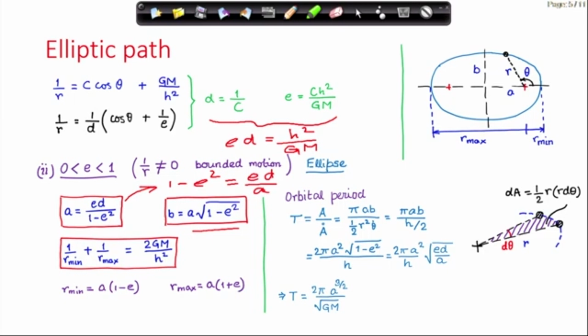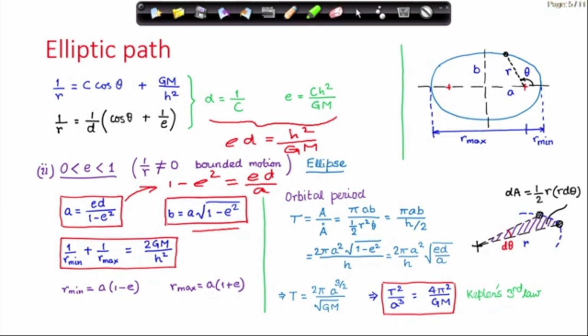So, the time period is the time required to complete one full rotation around the focus. Now you will notice that if I square this relation, I get T square by a cube is 4 pi square by G M. On the right hand side, everything is a constant: the central gravitating mass capital M is constant, G is constant, 4 pi square is constant. Therefore, T square is proportional to a cube.